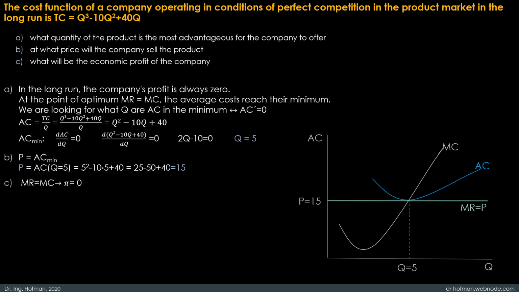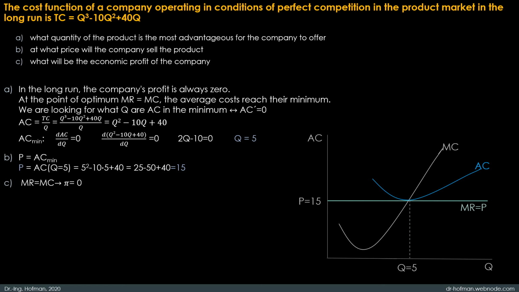At first, in point A, we are asked what quantity of the product is the most advantageous for the company to offer. We know in the long run the company's profit is always zero. At the point of optimum where marginal revenues meet the marginal cost, the average costs reach their minimum.